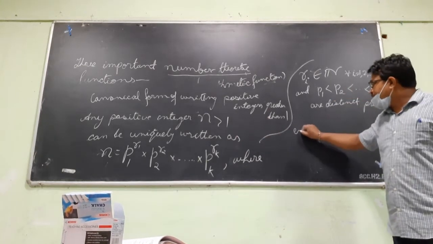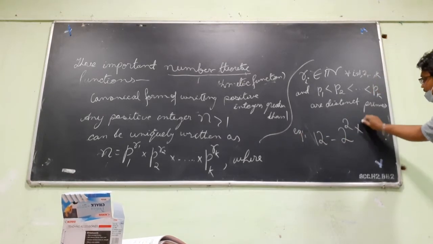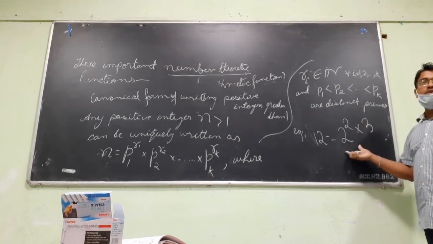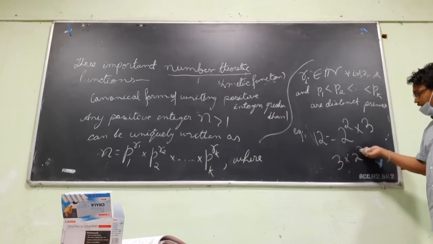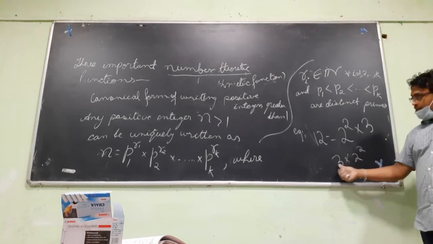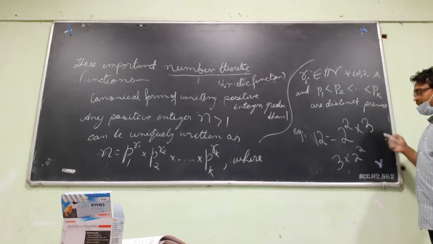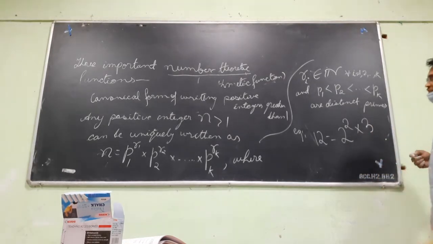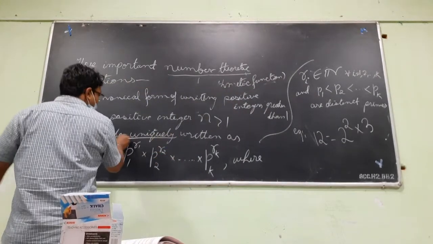For example, 12 can be written as 2 square into 3. Only this will be called the canonical form. 12 also can be written as 3 into 2 square, but it is not the canonical form because here the primes are not arranged in increasing order. So primes have to be in increasing order. Under that condition, we can say the canonical form is unique.